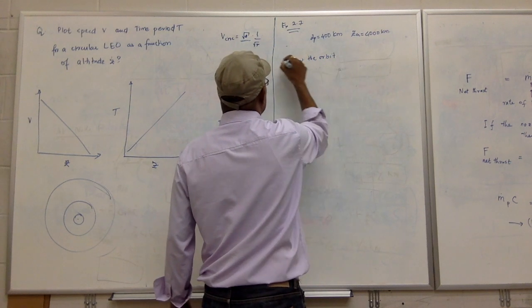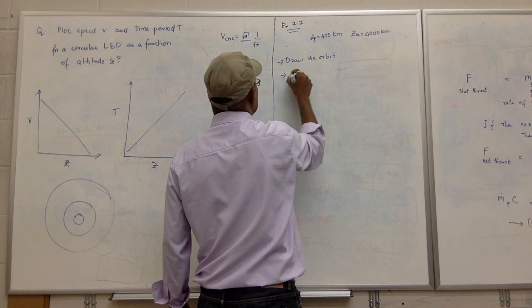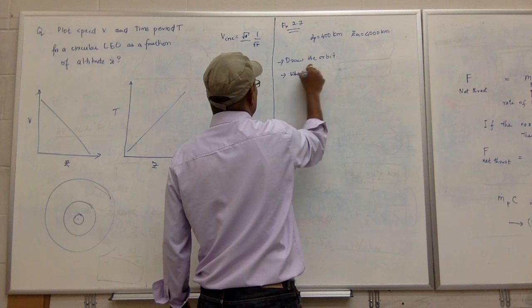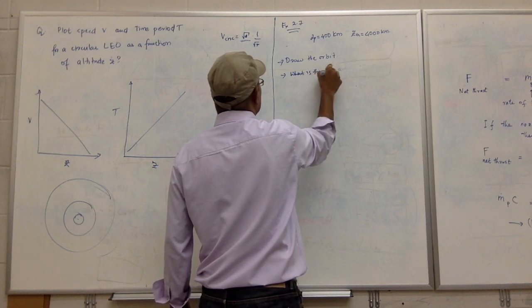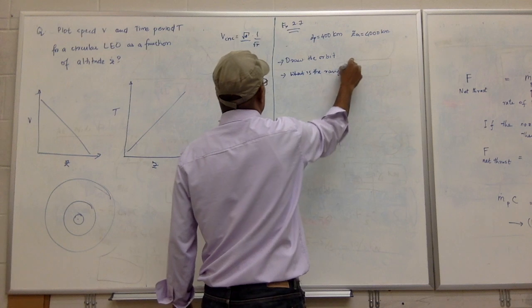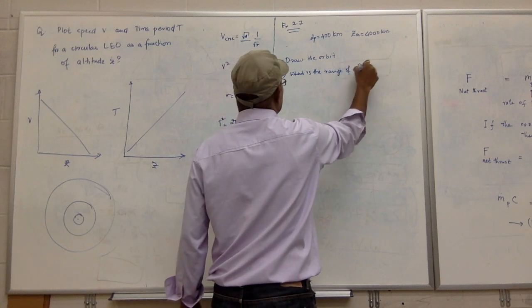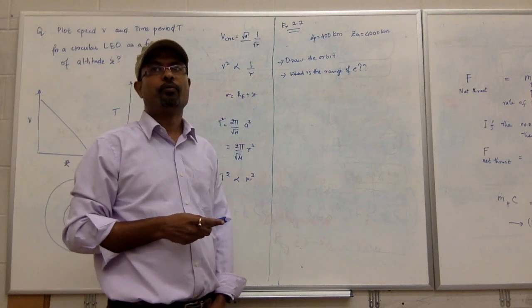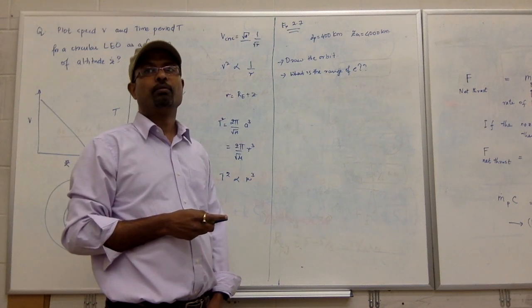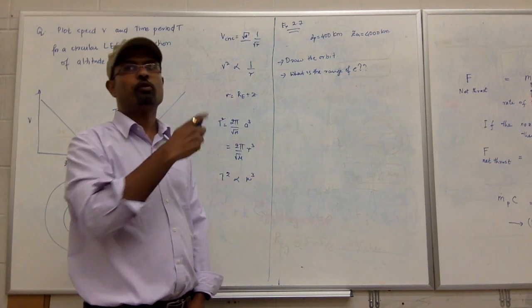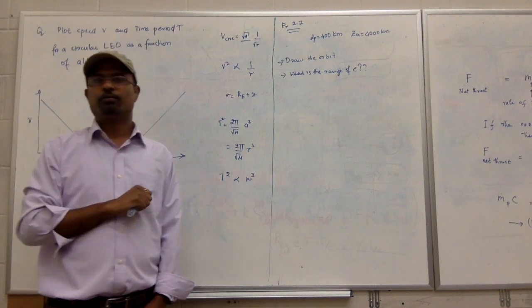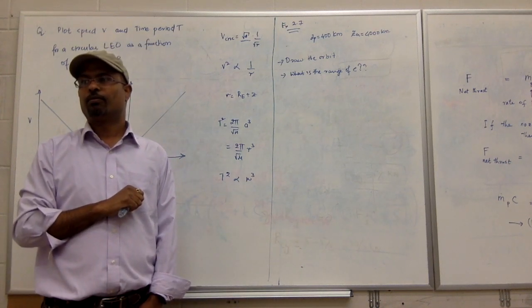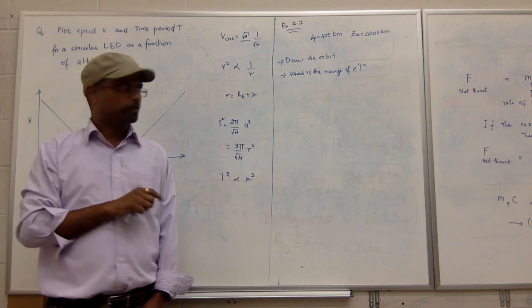I'll change the question a little bit. What is the range of E? You don't have to calculate; just tell me what is the range of E. 0 to 1. Yes.